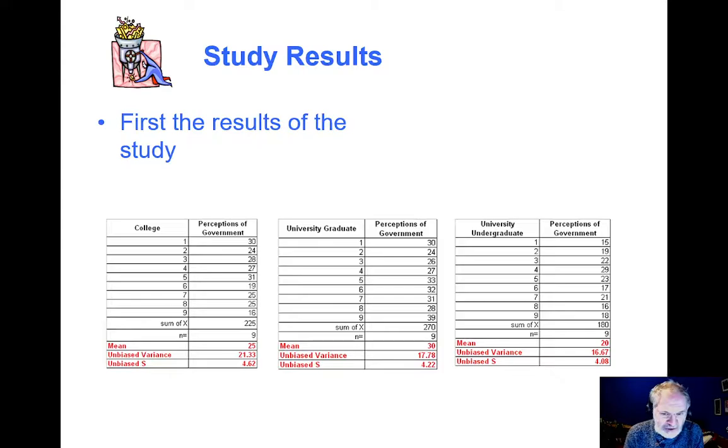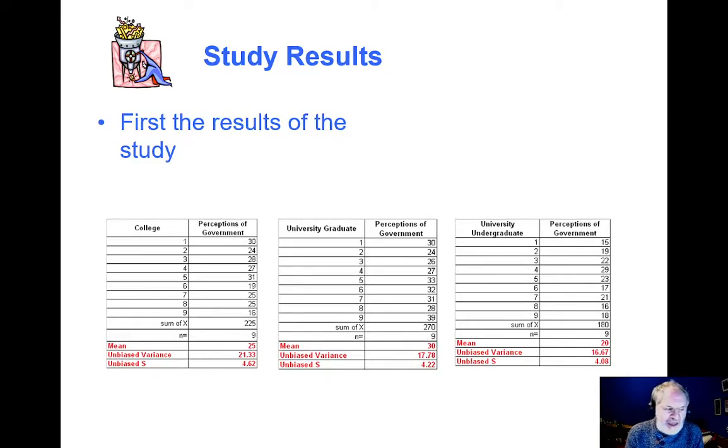I could compare the college to the university undergrad, and then I could compare the university grad to the university undergrad. So I could do 3 t-tests. First t-test would compare college and university graduate. The second t-test would compare college to university undergraduate. And the third t-test would be university graduate to university undergraduate.